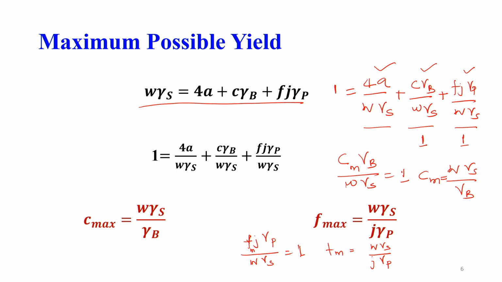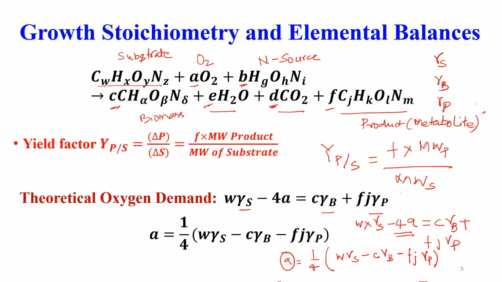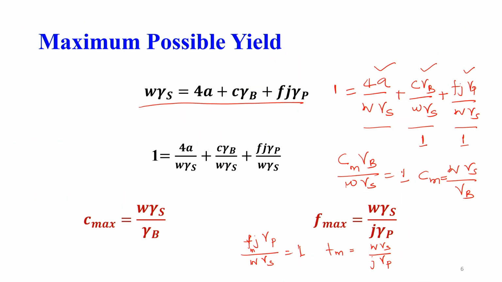Now, before we proceed further, let us practice a few examples. The first thing is to calculate the degree of reduction. For example, ethanol, which is C2H5OH.